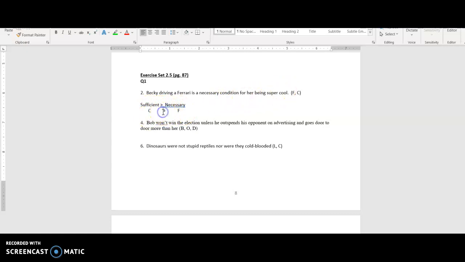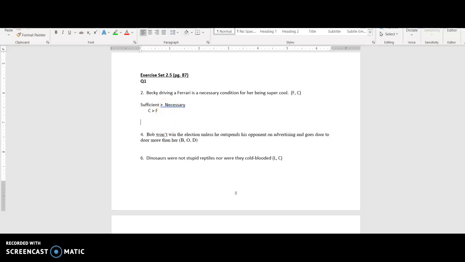If something is specified as a sufficient condition, then it goes as the antecedent. He talks a bit in the book about the difference between these two. Sufficient condition means it's enough to bring about the effect.